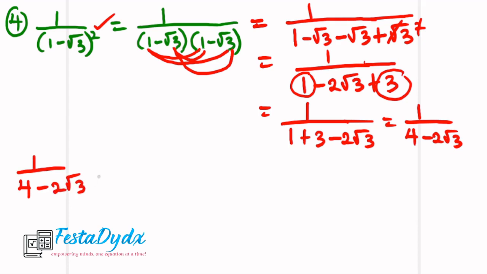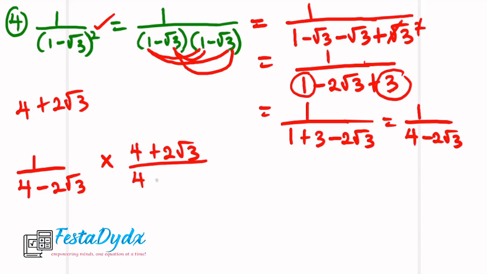What is the conjugate of 4 minus 2 root 3? The conjugate is 4 plus 2 root 3. So now we have times 4 plus 2 root 3 all over 4 plus 2 root 3. For the numerator, 1 times 4 plus 2 root 3 is going to still give us what? 4 plus 2 root 3.